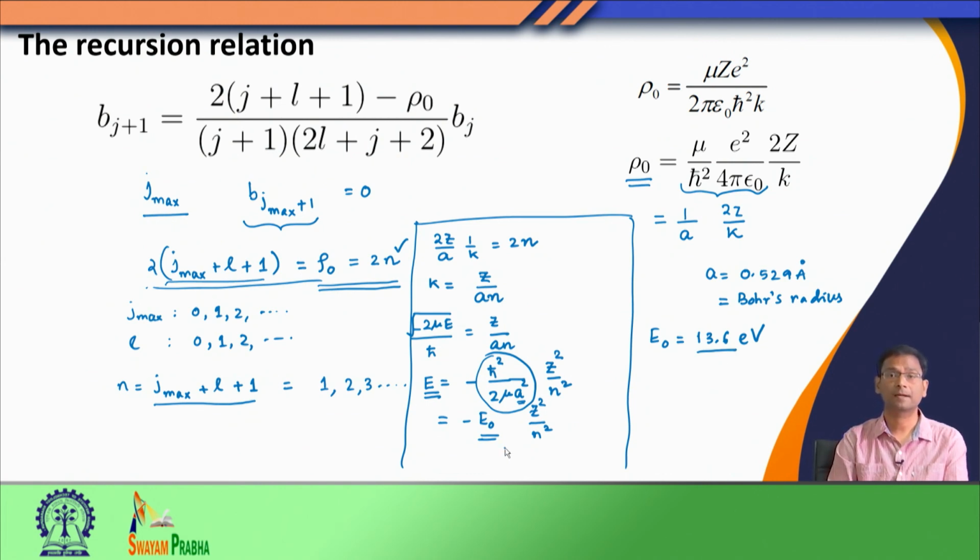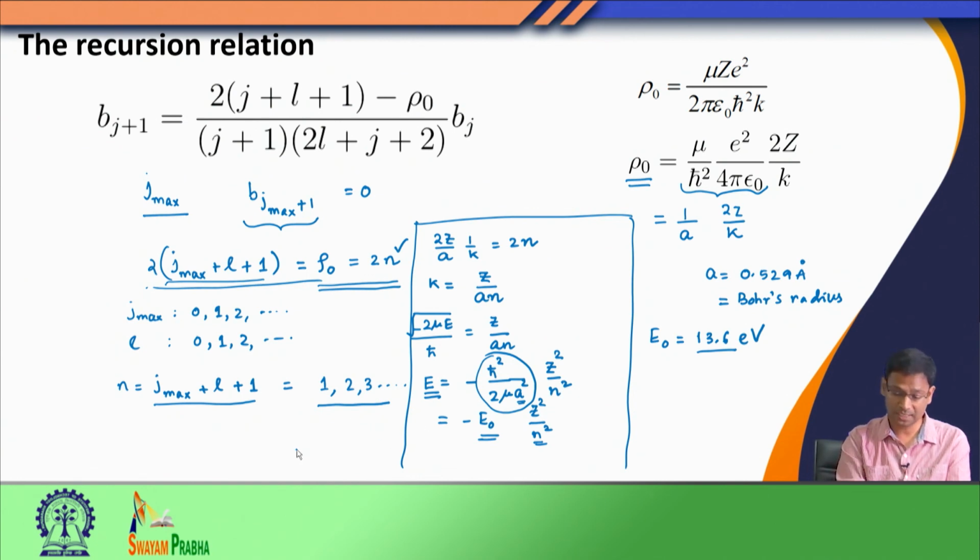Z is the nuclear charge. In the case of hydrogen atom, it is 1, and divided by n square. What is this n now? We defined n because we had to truncate this series somewhere, and we have defined n as j max plus L plus 1, and whose values can be 1, 2, 3, and so on and so forth.